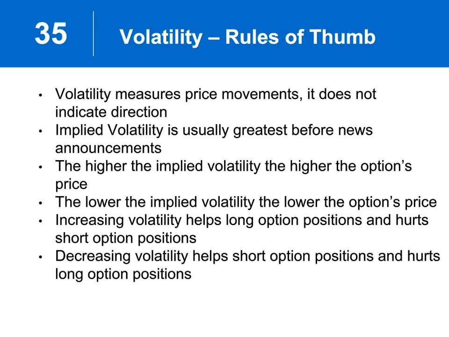After earnings or an announcement, oftentimes you'll find implied volatility getting hit pretty hard. The higher the implied volatility, the higher the options price. The lower the implied volatility, the lower the options price. Again, that's the driver of the time premium component of the option price.